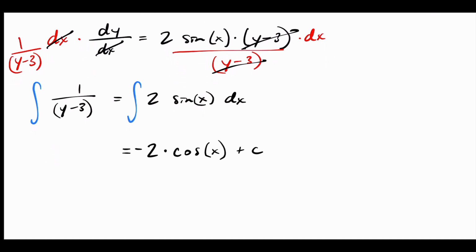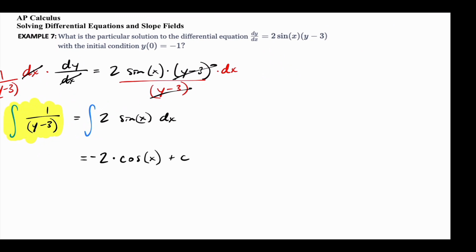Good. The other side, we're going to have to use u substitution again. We're going to have to use u substitution for, let me highlight it this time, for this guy right here. Okay, I'm going to do it over here. 1 over y minus 3.